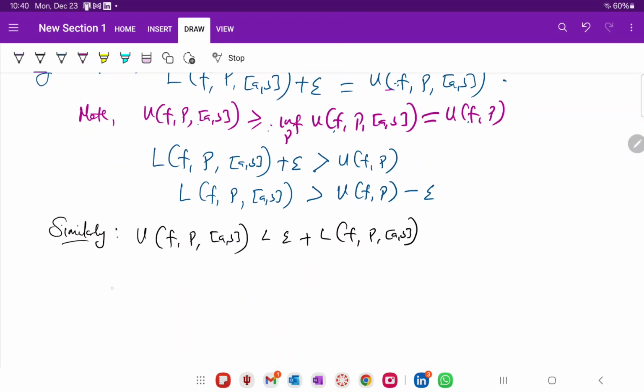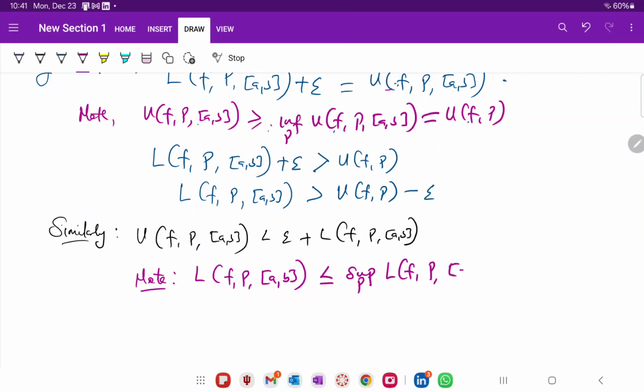So then we also know that the lower Riemann sum is less than or equal to the sup of the lower Riemann sum, and this is the definition of the lower Riemann integral.